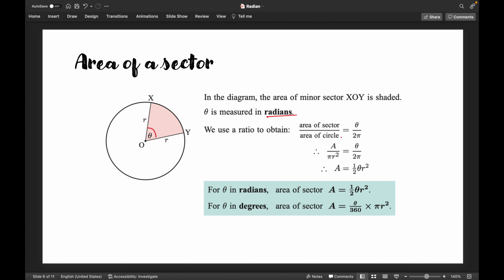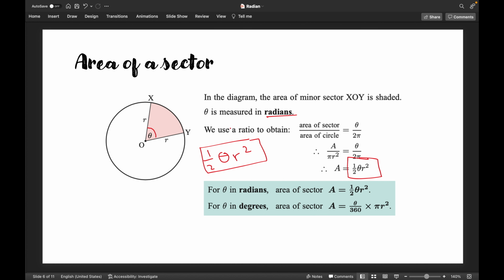If we substitute the values in, we get half theta r squared. This is in terms of radians, and in degrees, it would be theta by 360 into pi r squared.